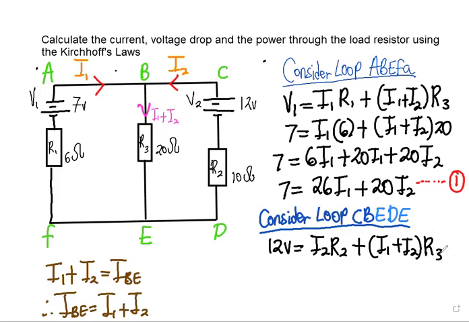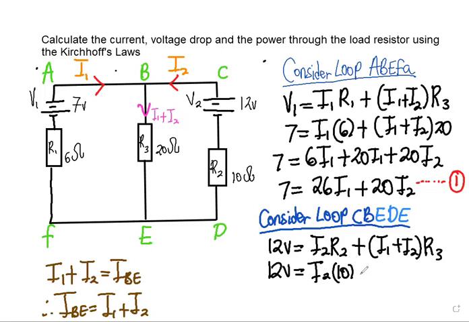And then when you now continue with this, you know that here we're going to have 12 volts equals, now our I2 is unknown, so it will be I2 times R2, which on the diagram is 10 ohms.